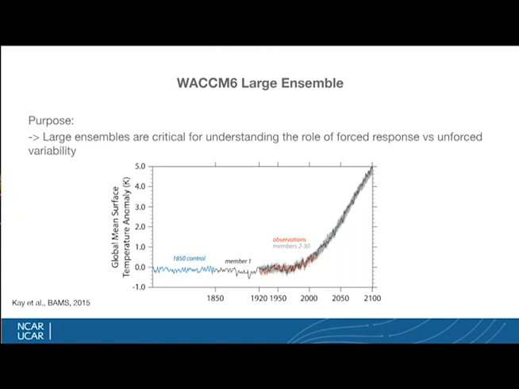This is just the key figure from the BAMS paper from 2015, and this was the CESM1 large ensemble. And just looking here, on the global scale there is very little variability from one ensemble member to another.